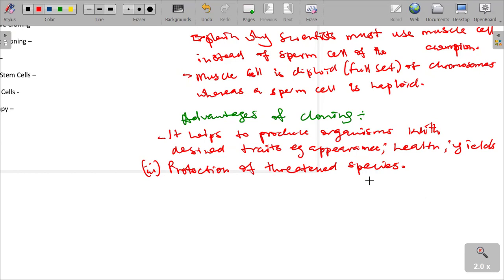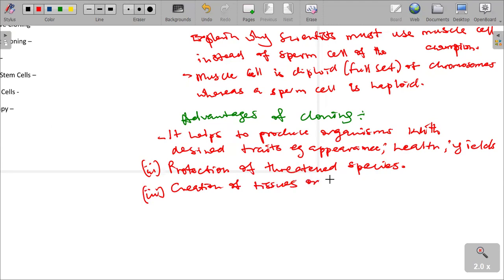And then we are saying to create tissues or organs for transplant. Cloning helps also in creation of tissues or organs for transplant.